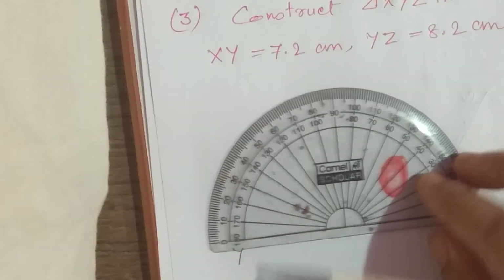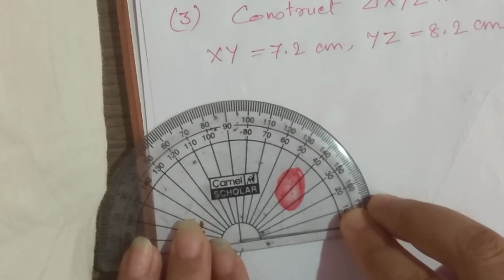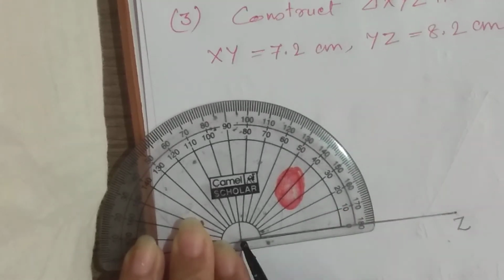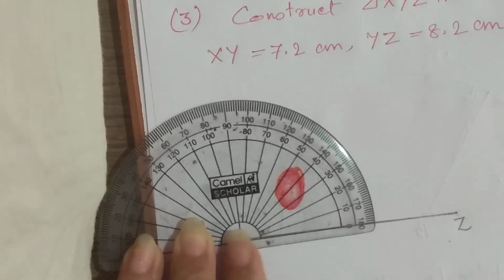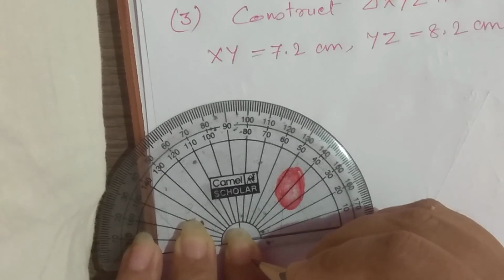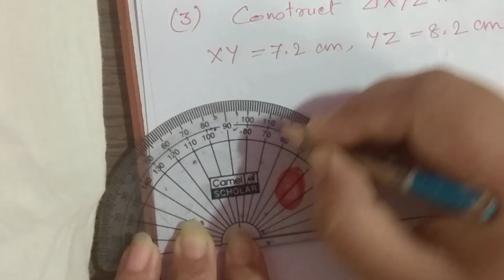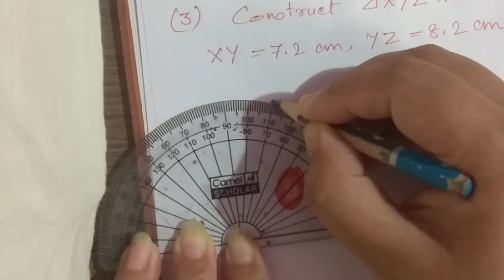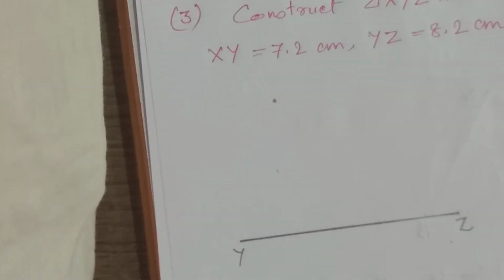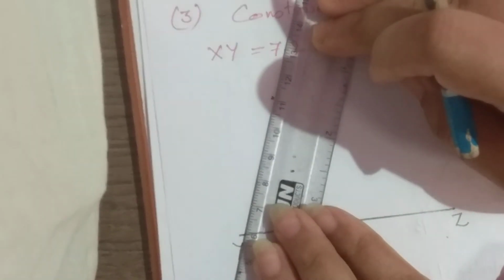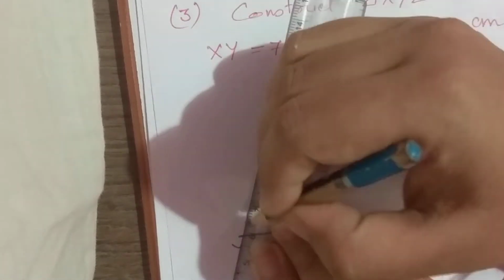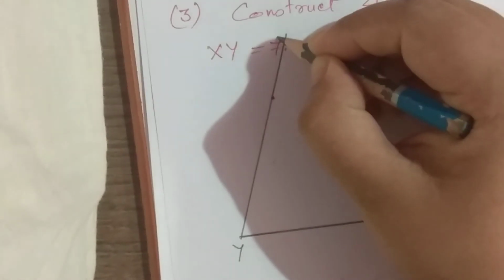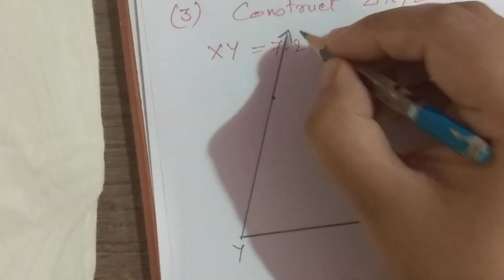So I will place the protractor at Y and allow the initial line of the protractor to coincide with the drawn line. Since this is the left hand side, we need to use the lower scale. Here is 70. I have marked here 70. Now I will draw a line through these two. This is X.